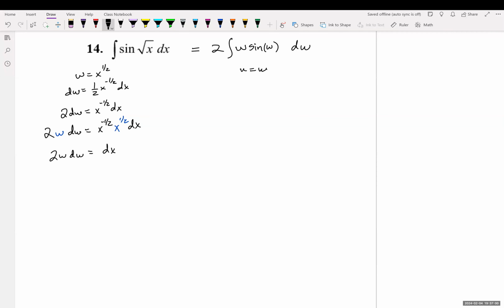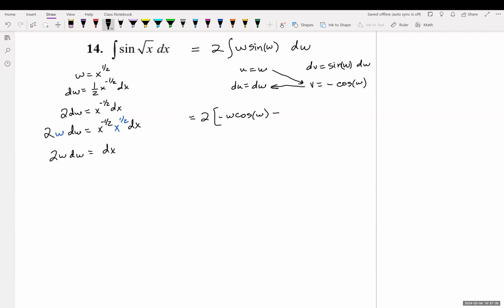U equals w, dv is sine w dw, du equals dw, and v equals negative cosine w. And so we have 2 times uv, which is going to be negative w cosine w, minus the integral going this way, right?